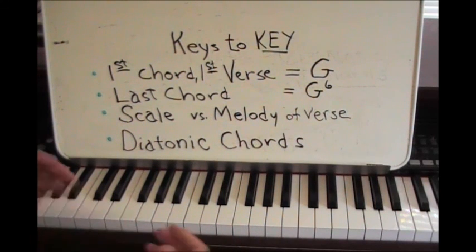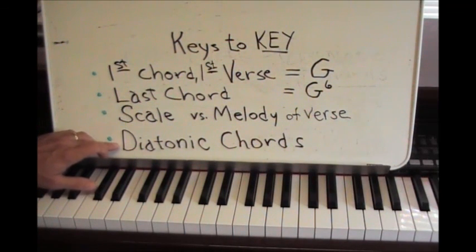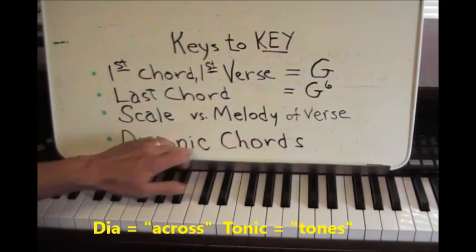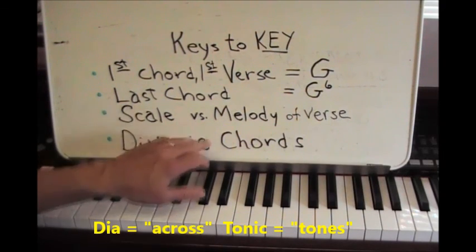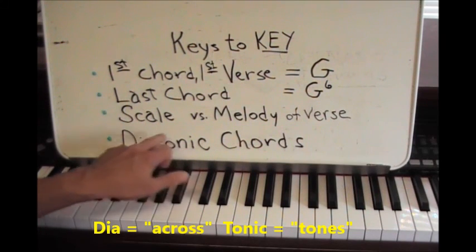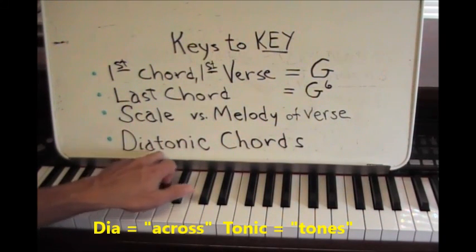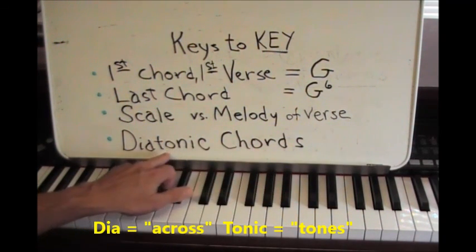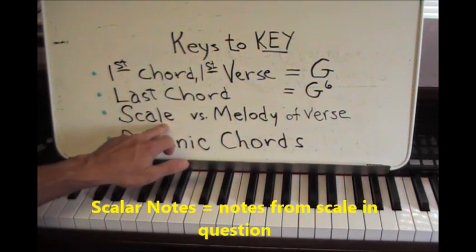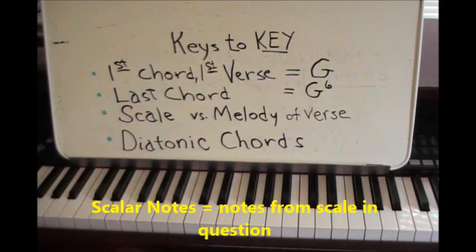Diatonic, the word is Latin: dia means across or through, tonic is the tone. So what it means is across the tones of the scale. So play chords, diatonic chords, that are made up from the scalar notes, in this case of G major.